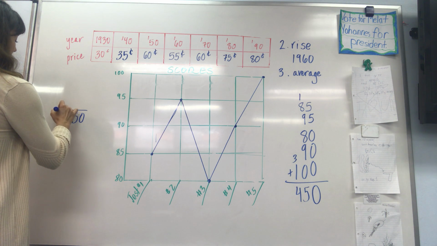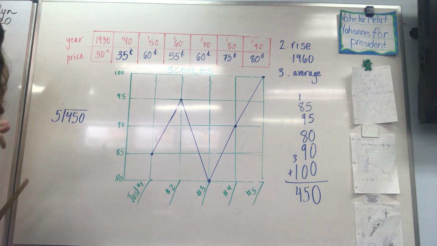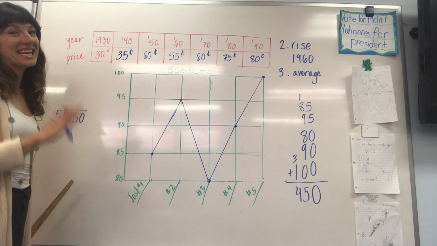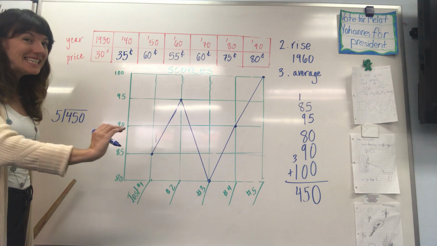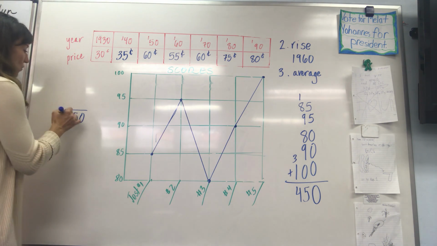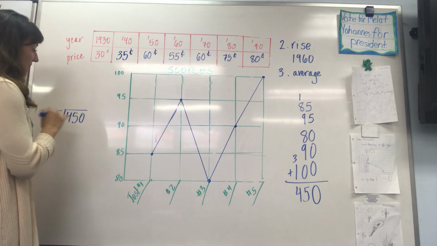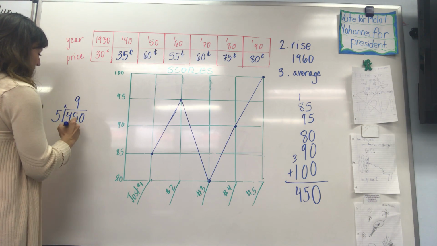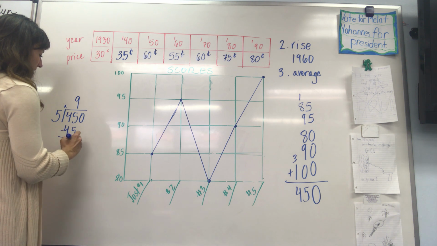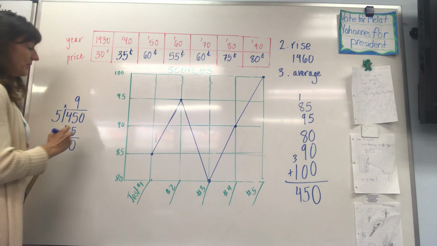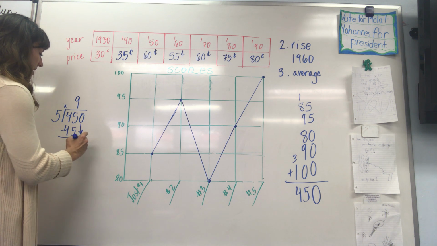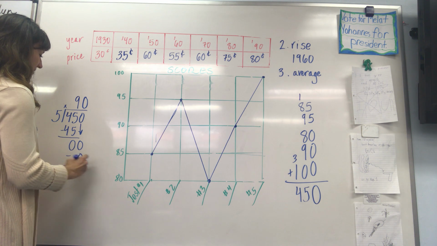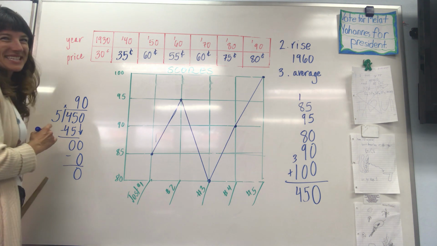450 divided by 5. I know it's really divisible because 450 ends in 0. Anything that ends in 0 or 5 is cleanly divisible by 5. 5 into 4, no, but 5 into 45, that's a 9. 9 times 5 is 45. 0 is less than 5, we can bring down. 5 into 0 is 0. 0 times 5 is 0. 0 minus 0 is 0. 0 is less than 5.